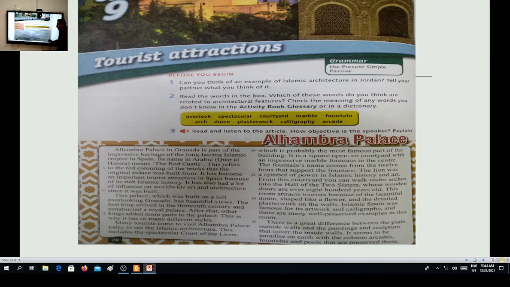Let's move to line number 11, the second paragraph. This palace, which was built on a hill overlooking Granada, has a lock on Granada. A hill is a small mountain.